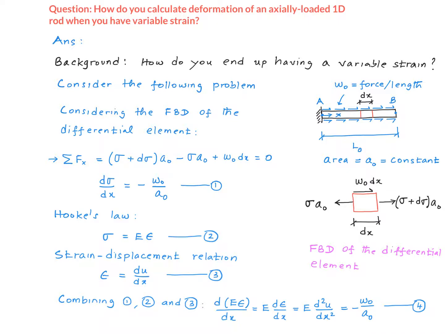So this becomes E multiplied by d epsilon over dx, but epsilon from equation number 3 is du over dx, and therefore this quantity becomes E multiplied by d2u over dx squared. Now put the right side of equation 1 over here. So what we have is a second order ordinary differential equation for the displacement u.